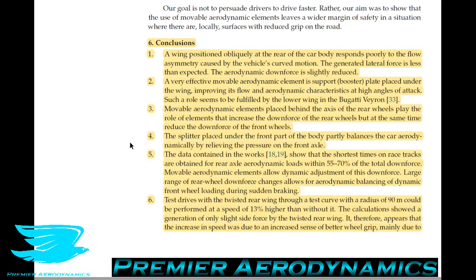The third conclusion is that movable aerodynamic elements placed behind the axis of the rear wheels play the role of elements that increase the downforce on the rear wheels, but at the same time reduce the downforce on the front wheels. So in other words, if you put flow control devices at the back, the car is going to get affected. And what this does is it shifts the balance of the car front or back, depending on how much you put and whether you put them at the front or at the back.